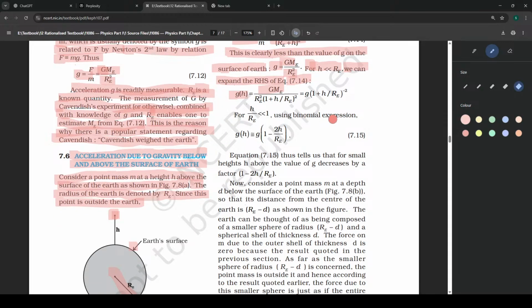Okay, we got the formula. It is g into (1 + h by R_e) whole inverse square. For h very small, we use the binomial expression. If h by R_e is very much smaller than 1, we are going to use the binomial expression.